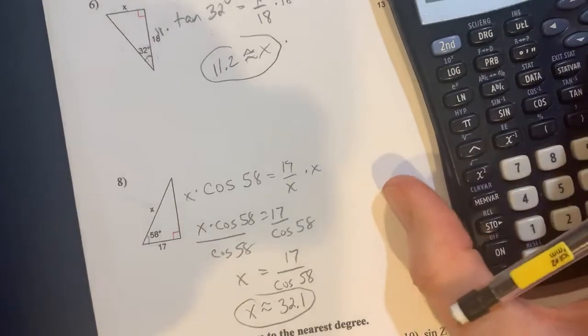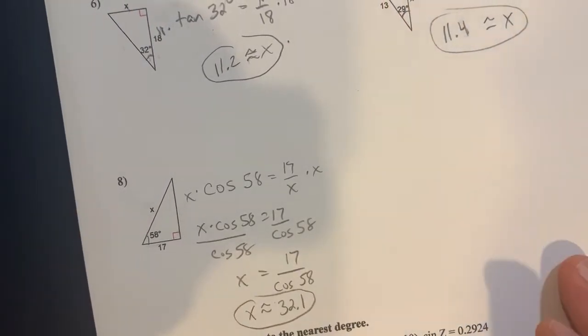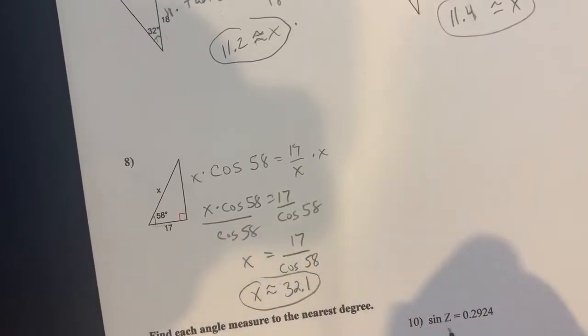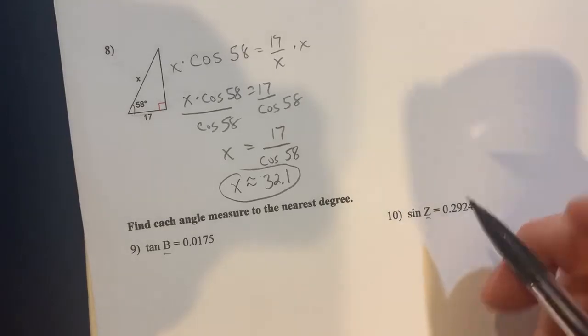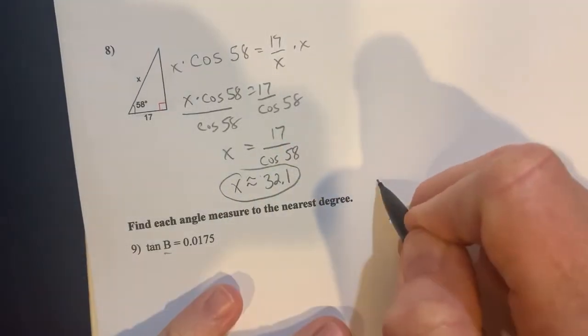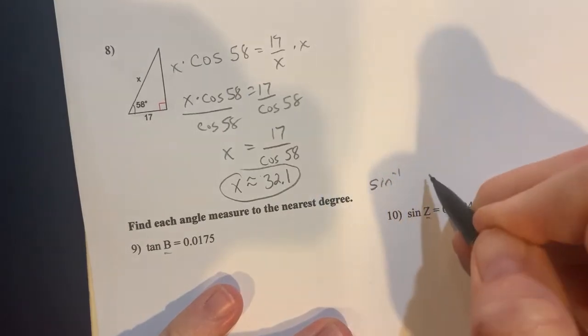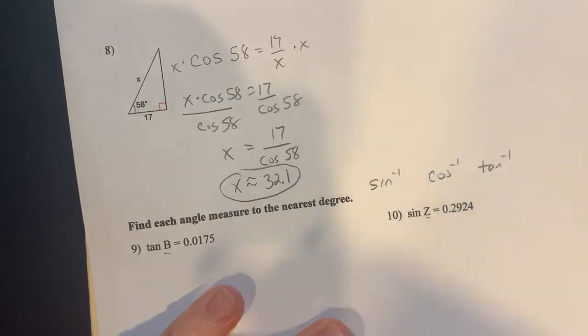All right. So now what we're looking at is how do we find the measures of angles? So we have to find angles. And the way we do that is introduce the concept of sine inverse, cosine inverse, tangent inverse.